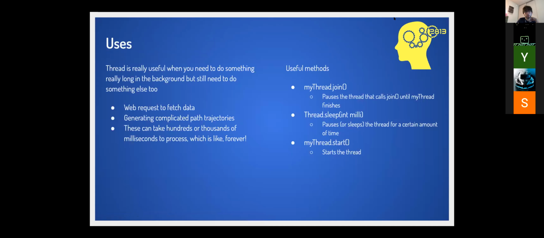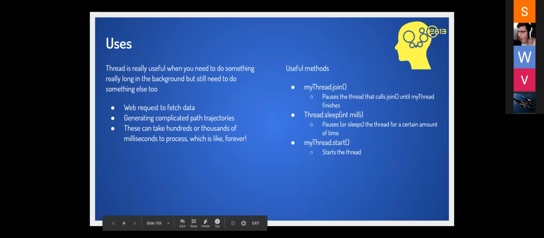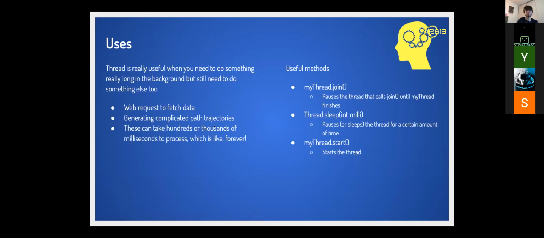So when are threads useful? When you need to do something in the background that's going to take a while, and you also need to do other stuff at the same time.